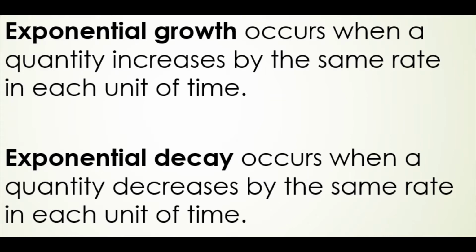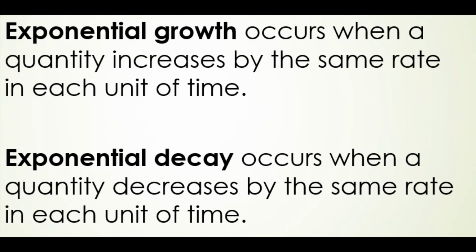For example, compound interest is an example of exponential growth because the amount of money that you have in the bank is increasing by, say, 5% per year. And so that's going to be more and more absolute amount of dollars that's coming into your bank account each year. It's increasing by the same rate, 5%, but that's more and more money each year.